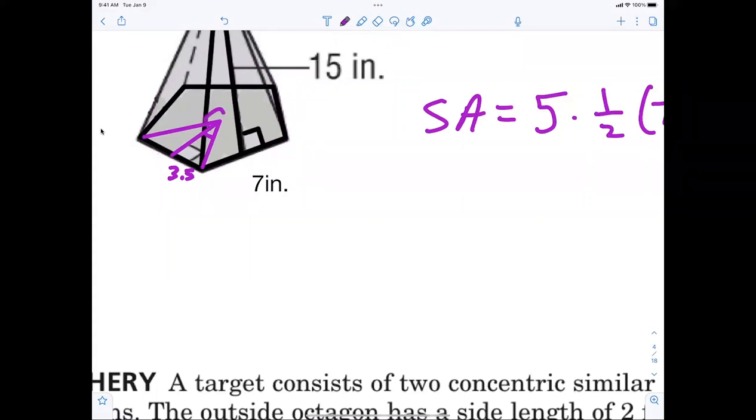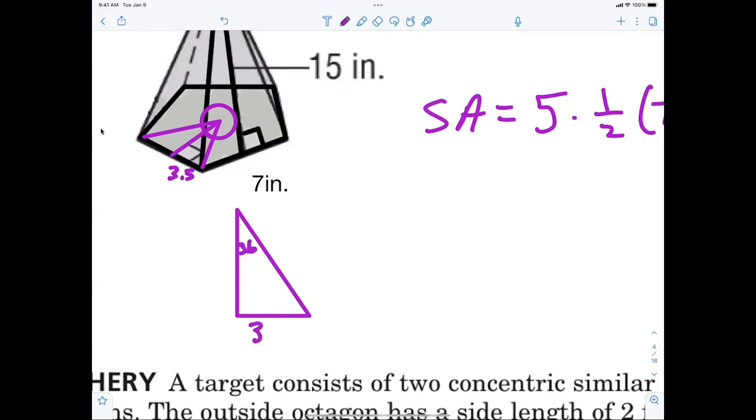So there would be 5 triangles inside there, right? So 360 divided by 5 is 72, right? The central angle would be 72, and then we cut it in half, right? And you got 36, right? So the triangle that I just drew inside there, this is 36.